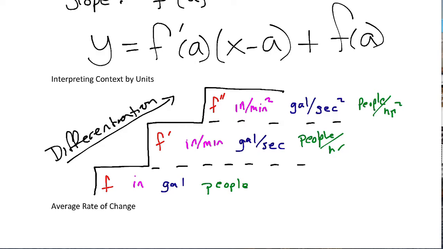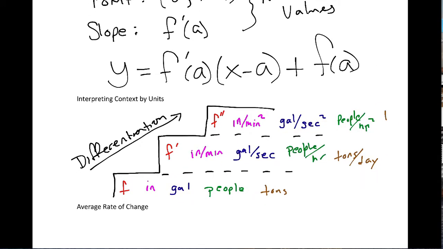It could be in weight, right? Let's say we're dealing with something where maybe it's sand, and so this is in tons. Then this is maybe in tons per day. Then this one is in tons per day squared. So just know that that's the way the context and units are going to go.